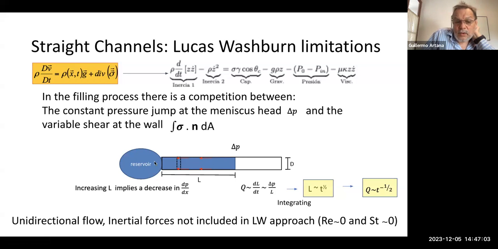What you observe is that as you increase the length L filled by the liquid, the jump of pressure, which is related to the curvature of the meniscus, stays constant, so the pressure gradient between this point and this one will diminish.